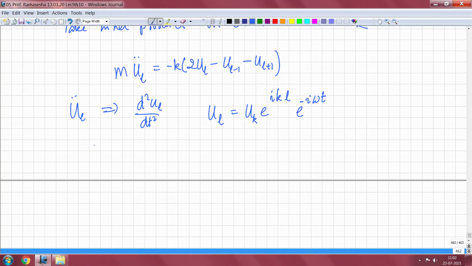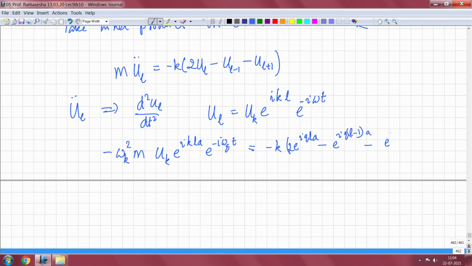When I plug this into the equation of motion, what I get is minus omega_k squared m times u_k e to the i k l a e to the minus i omega_k t is equal to minus K times e to the i k l a, 2 times e to the i k l a minus e to the i k (l minus 1) a minus e to the i k (l plus 1) a, times u_k e to the minus i omega_k t.